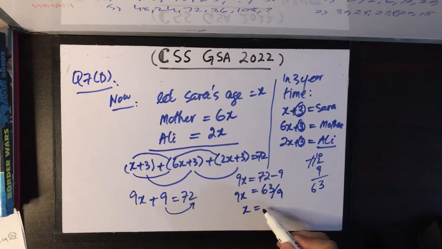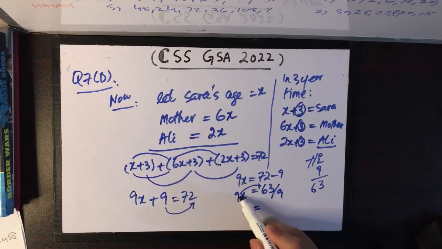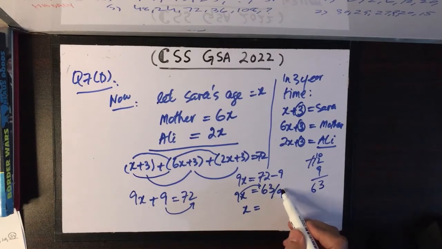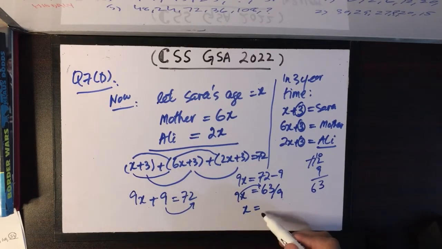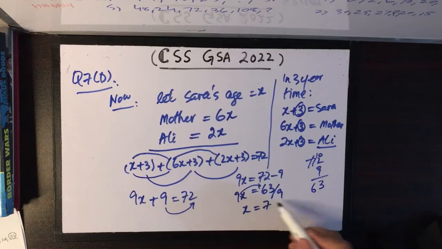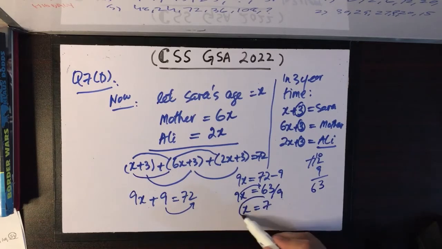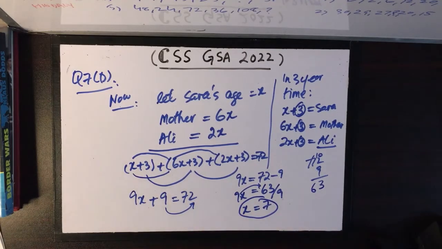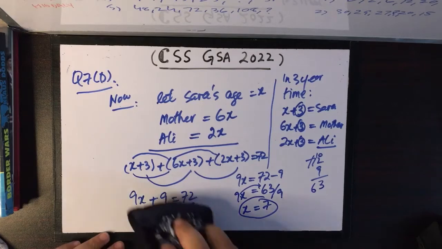9 goes to this side, it's in multiplication here, and it will be in division on that side. So it becomes 7. 9 sevens are 63. So the age of Sarah right now is 7 years, because we assumed that the age of Sarah is X at the moment.